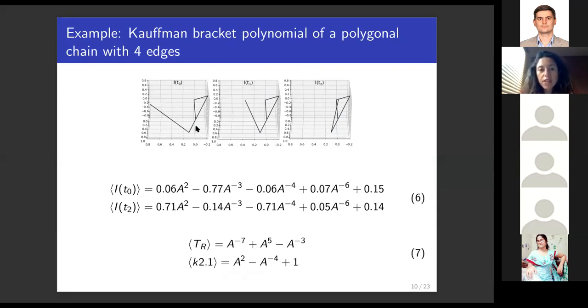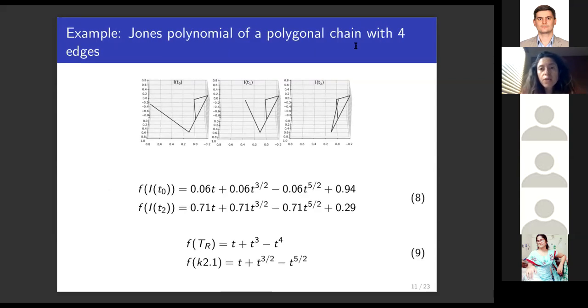In the beginning it is more open like this, then it tightens the configuration. For comparison, I have the Kauffman bracket polynomial of the trefoil knot and of the closest representation of the K2.1 knotoid. You see that this is now a polynomial that is none of these two.